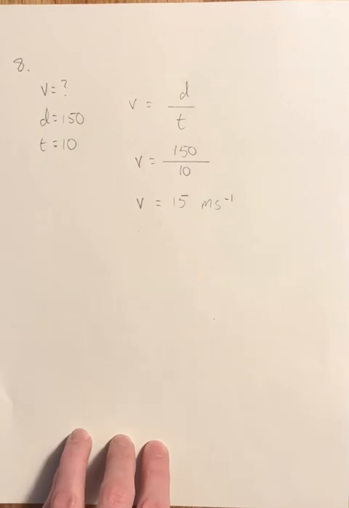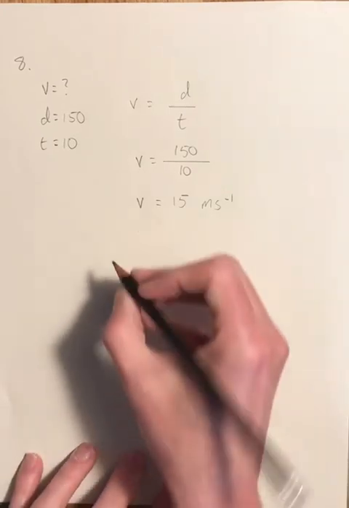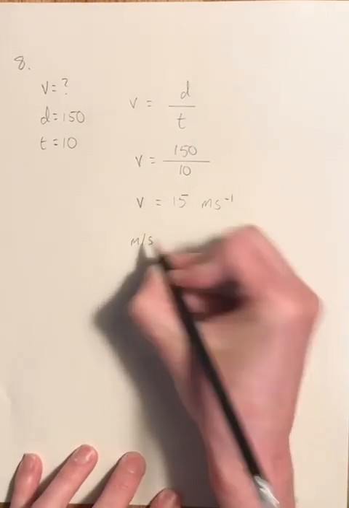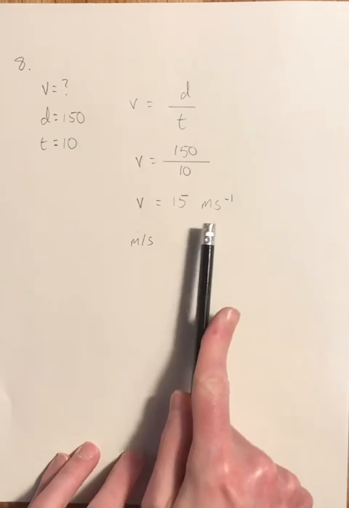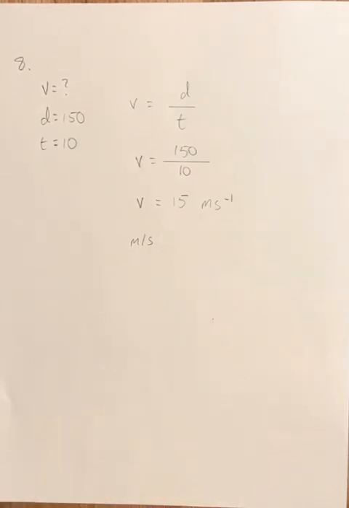In maths you might have done m/s or something like that, but we tend to use that notation, which is ms with a wee -1 up above it. So again, it's the same 3 steps. Formula for the first mark, v equals d over t. Substitute the numbers into the formula. v equals 150 divided by 10. v equals 15 metres per second. So that was question 8.